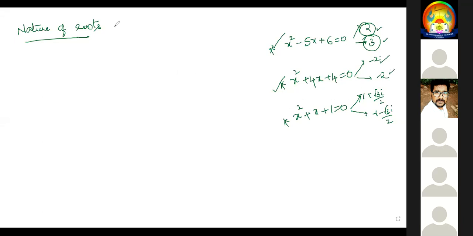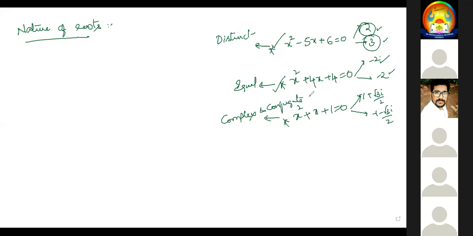But here there is one method without solving. Easily we can say how the roots are. Here we say that the roots are distinct. Here we say that the roots are equal. Here we say that roots are complex. Complex means they come in conjugate pairs.